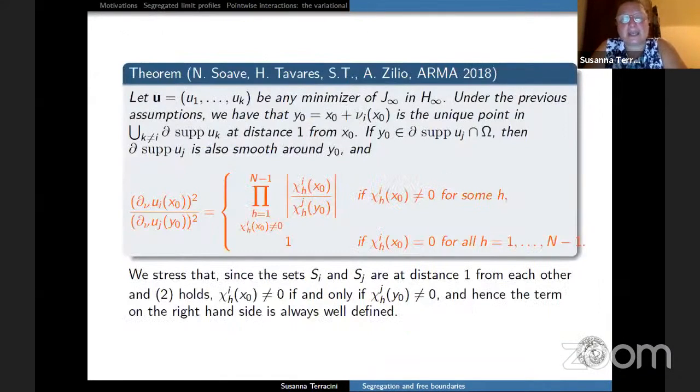In such a case, we were able to prove, with Soave, Tavares, and Zilio, what the extremality conditions are. Please remember that in the case of pointwise interaction, the extremality condition was the equality of the normal derivatives at regular points of the free boundary.